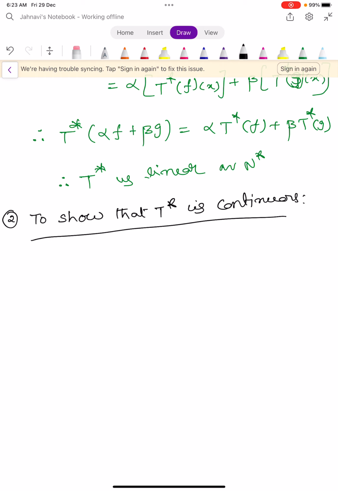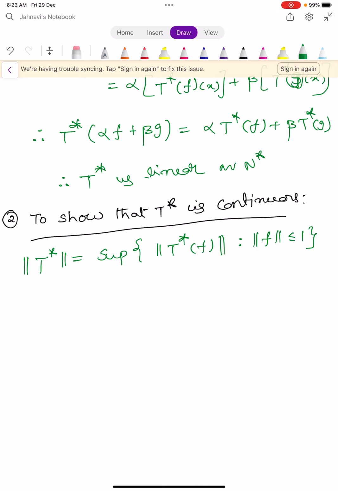To prove that T star is continuous, define norm T star as the supremum of norm T star of f such that norm f is less than or equal to 1, by the definition of norm of a functional, which is equal to the supremum of norm T star of f of x such that norm f is less than or equal to 1 and norm x is also less than or equal to 1.